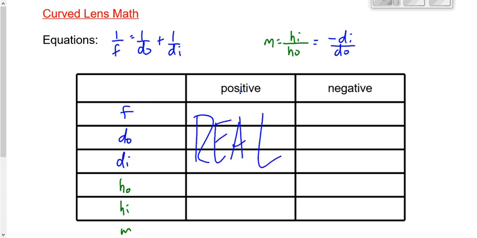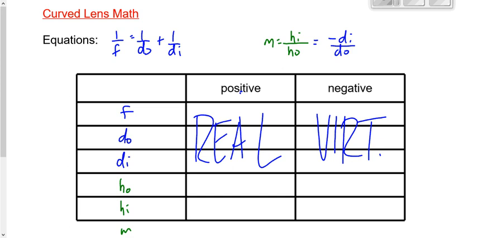A real focal point will be a positive F. A real object will be a positive DO, and a real image will be a positive DI. On the other hand, a virtual focal point will be a negative F, a virtual object will be a negative DO, and a virtual image will be a negative DI.